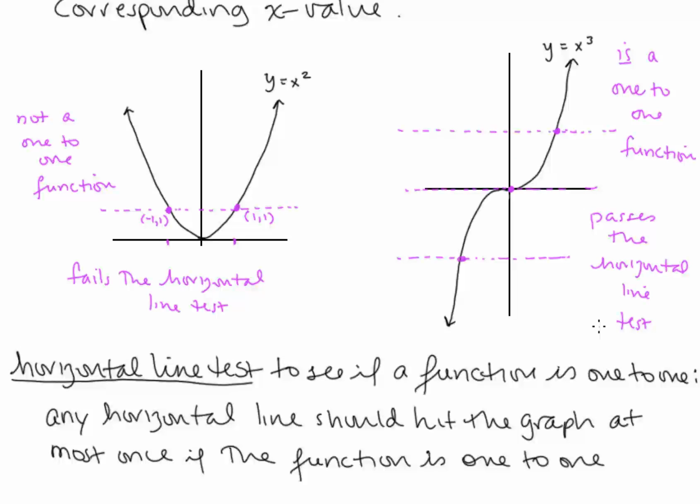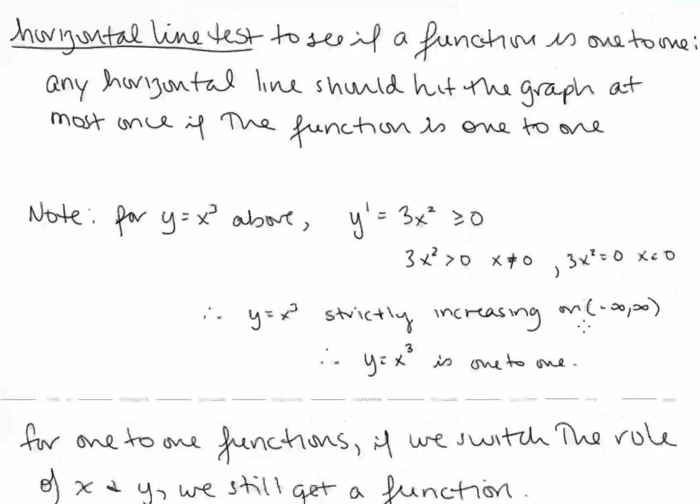Now notice for a function that's continuous on the whole real line, if it's going to be one-to-one, it would have to be strictly increasing or strictly decreasing. So even if we didn't have the graph of y equals x to the third, we could use the methods of calculus to show that this is a strictly increasing function on the entire real line.